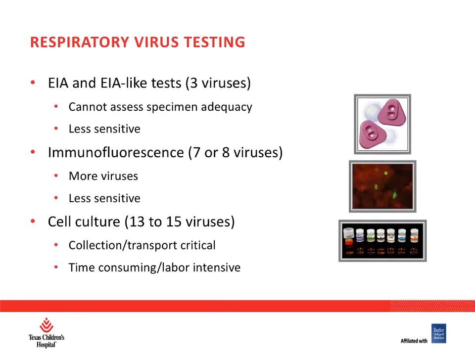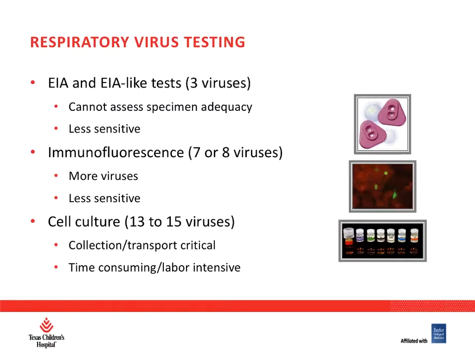We've had things like EIA and EIA-like tests for a number of years, and there have been more recent iterations of these antigen detection tests. But basically, these really just allow us to detect 3 different viruses: influenza A, influenza B, and RSV.